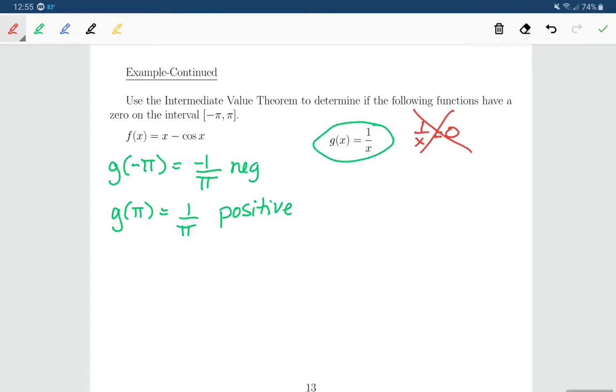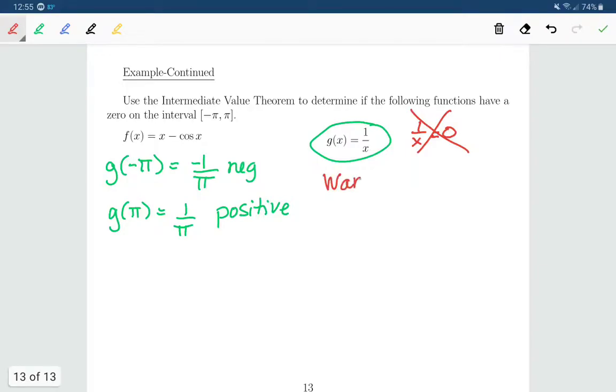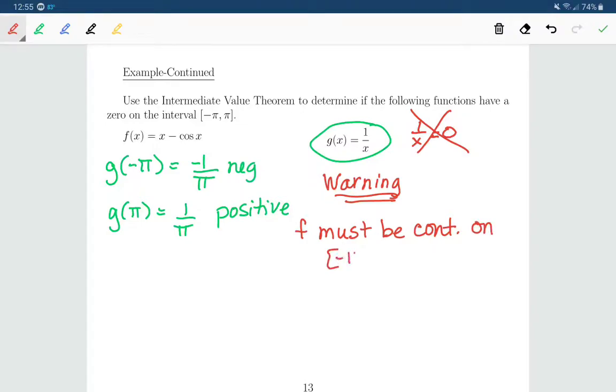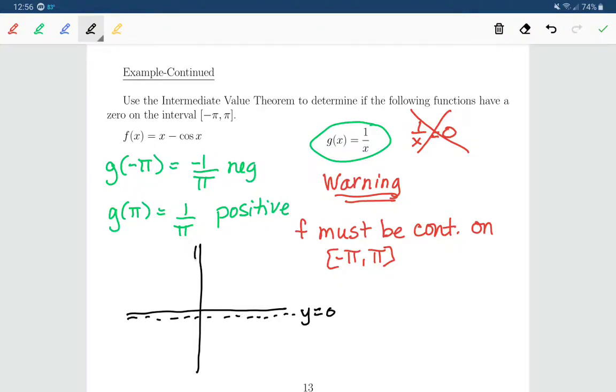This is not true. We have to be careful about how we're applying this theorem. Remember, f must be continuous on the interval negative pi to pi. If we look at the graph of this function, 1 over x is just our simple rational function. It has a horizontal asymptote at y equals 0 and a vertical asymptote at x equals 0.